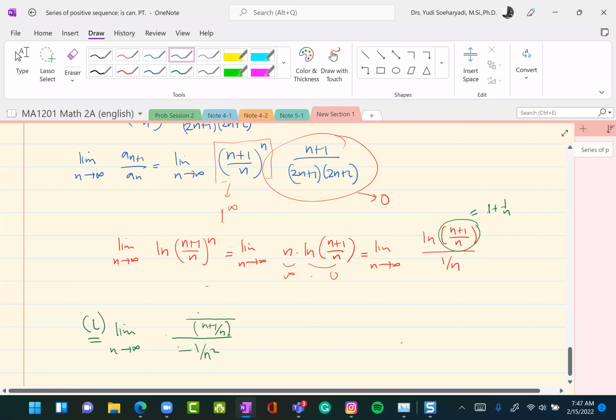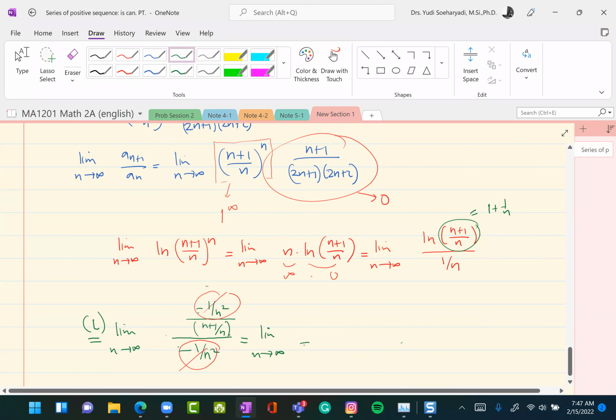Because this is just 1 plus 1 over n, the derivative was 1, 0. And this is just 1 over n squared. Okay, so let's simplify this. All right, so this one cancels this.